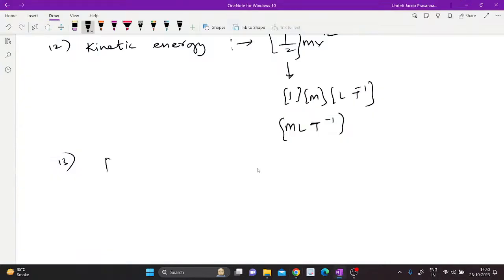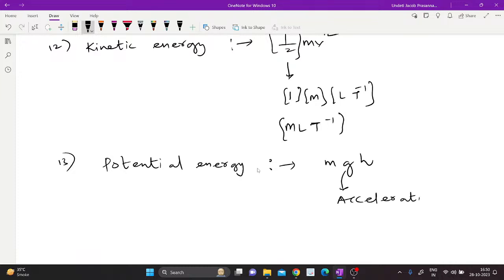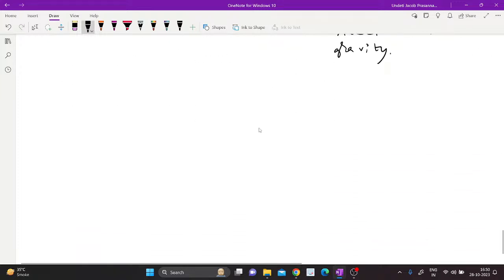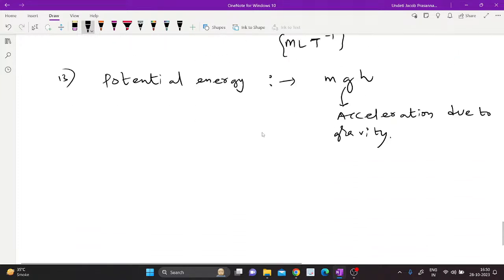Done. Again, potential energy. We know the formula for potential energy is mgh, where g is acceleration due to gravity. G is nothing but acceleration due to gravity, right? Acceleration dimensional formula we already know.